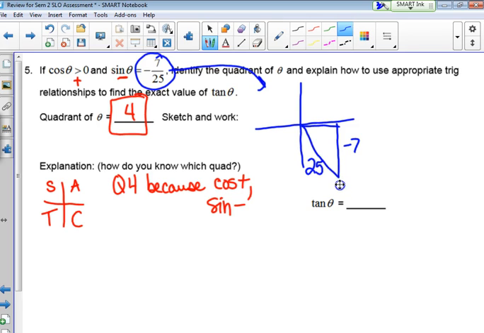Everybody going to remember that? Hypotenuse never gets a negative sign. All right, this time I have x squared plus negative 7 squared equals 25 squared. I do Pythagorean theorem. 24. Okay, now what?